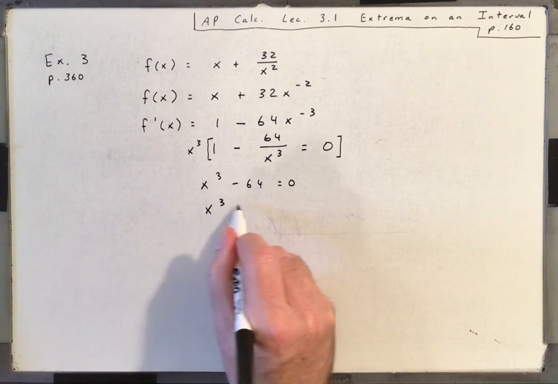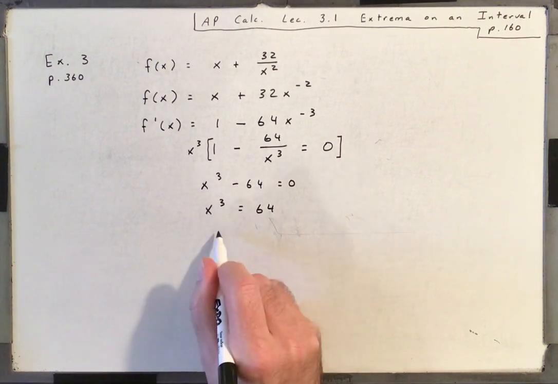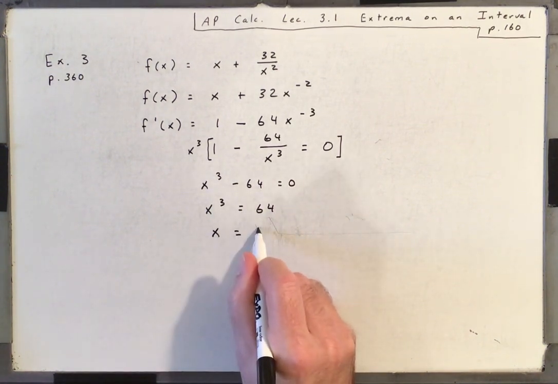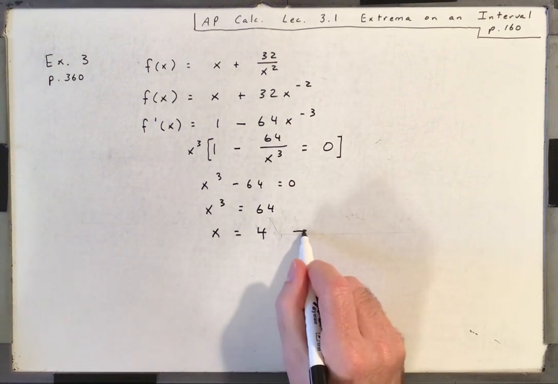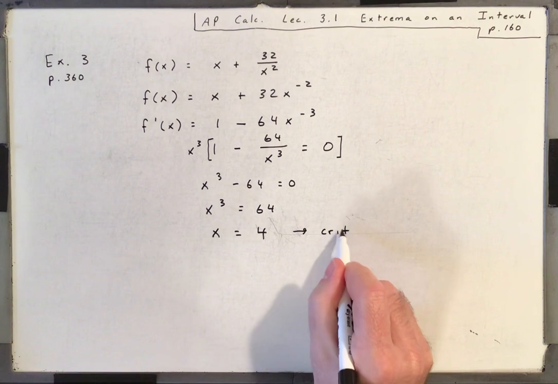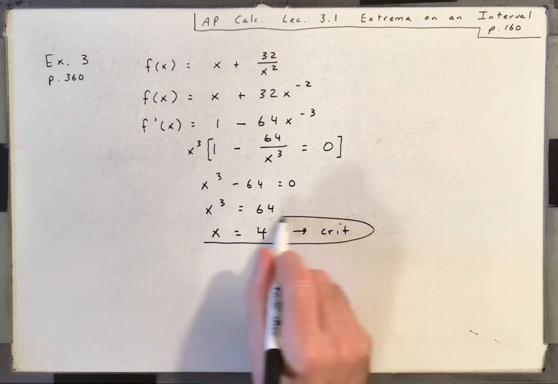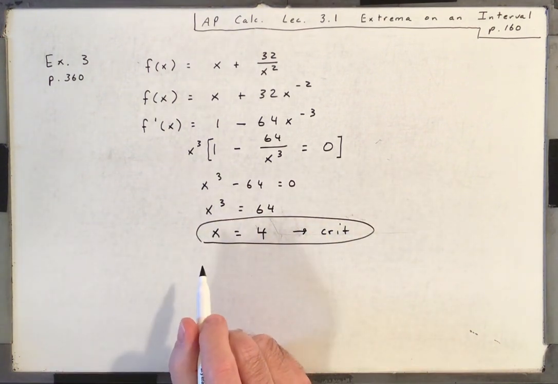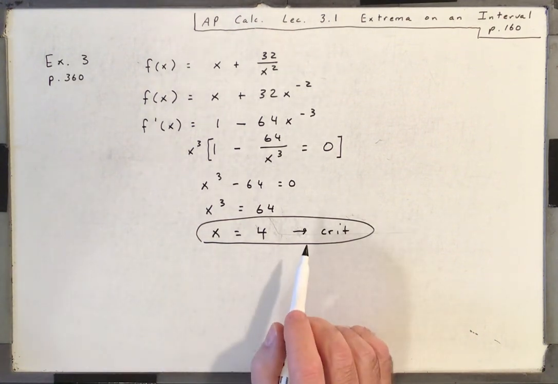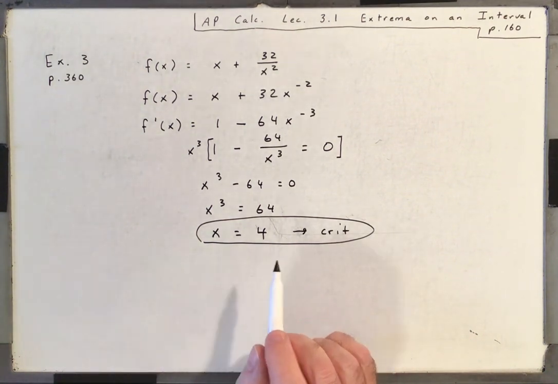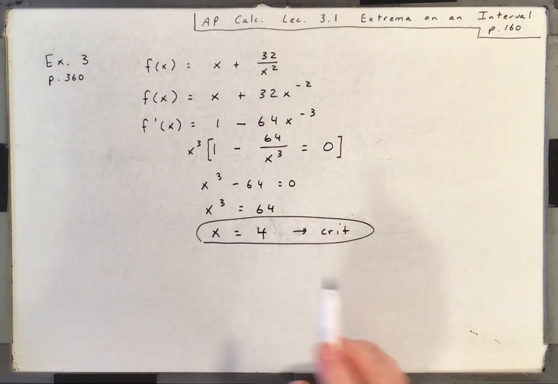So x cubed is equal to 64, and x is equal to 4. All right, and that is my critical point. So what is the value of the derivative at that point? It is 0.